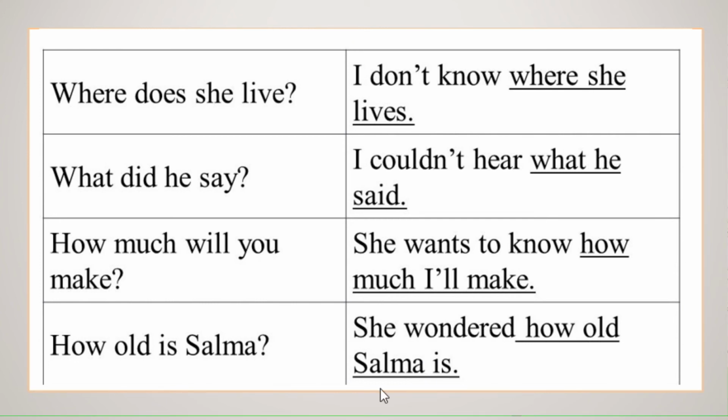She wondered how old Salma is. Period, because you are introducing it with a statement. Let's introduce it with a question. Do you know how old Salma is? You respect this structure, but you finish with a question mark because you are starting with a question, like, do you know? And you finish with the question word.